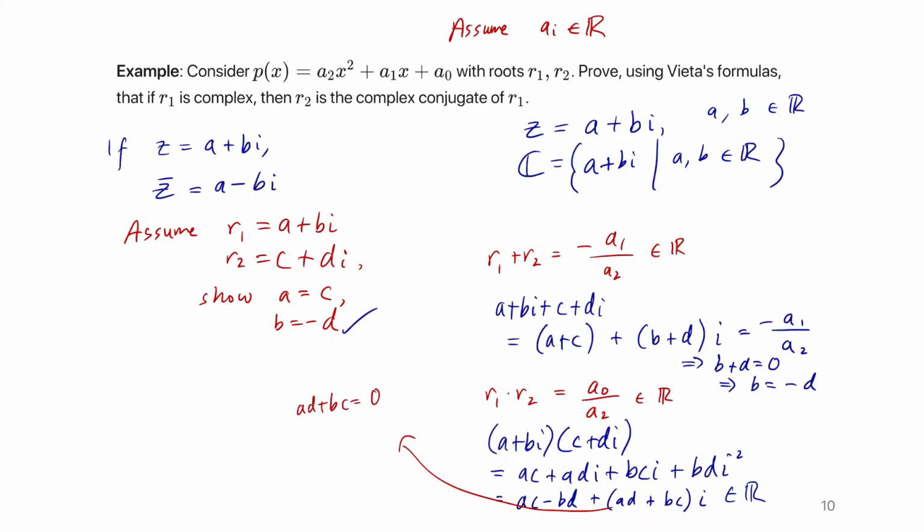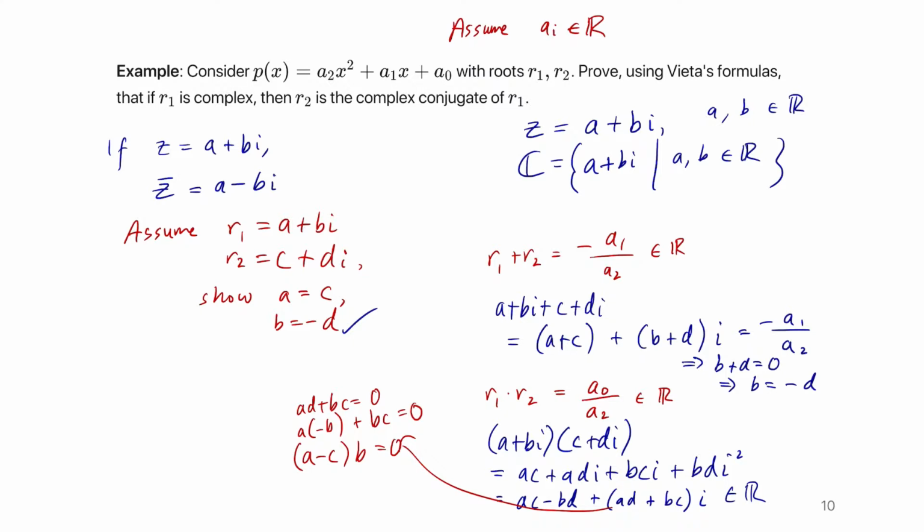But I know B and D are opposites. So I can really write this as A times minus B plus B times C is 0. Which I can then write as A minus C times B is 0.